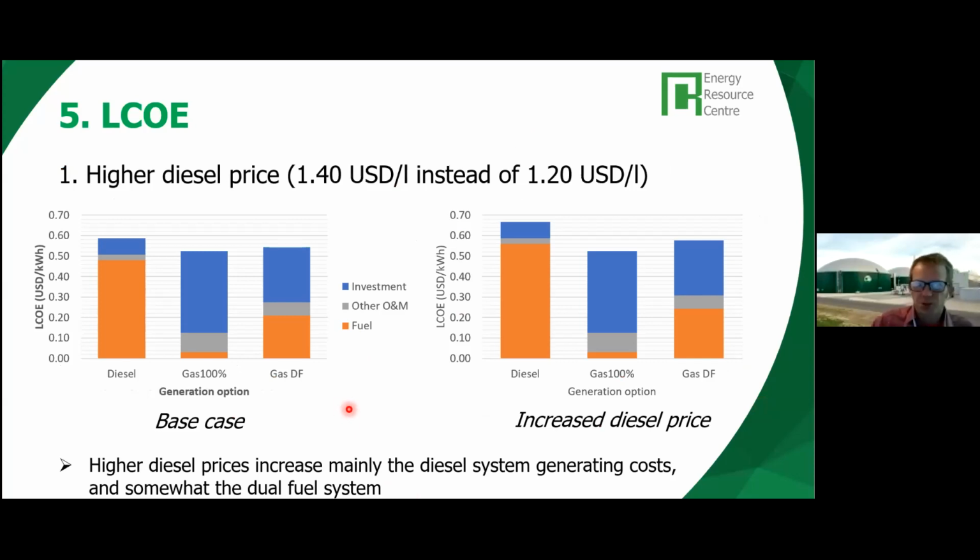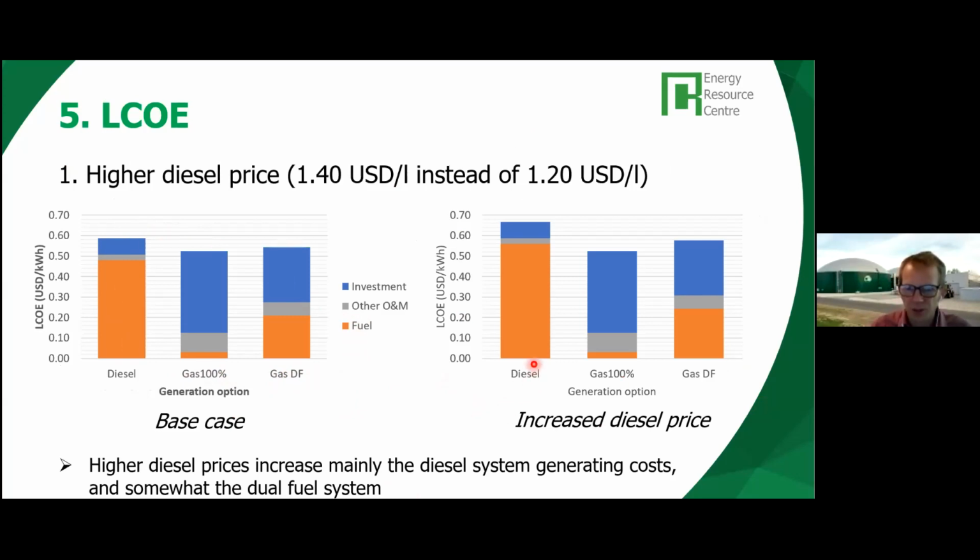So this is what actually happens. On the left hand, you see the original base case graph. On the right hand, you see what happens when the diesel price increases.